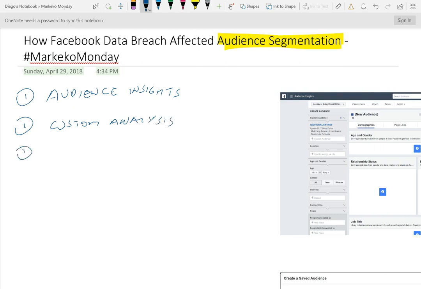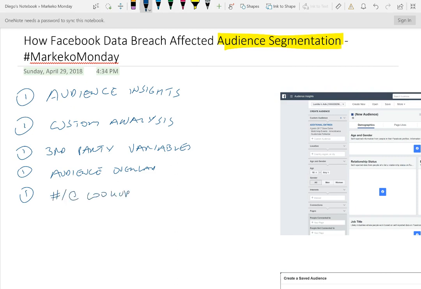Three, third-party variables to segment your audiences. Four, audience overlap. And five, email and phone number lookup within Facebook. Those are the 5 biggest things of how Facebook has affected you as a business marketer.